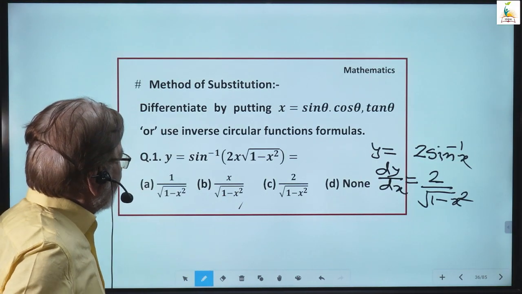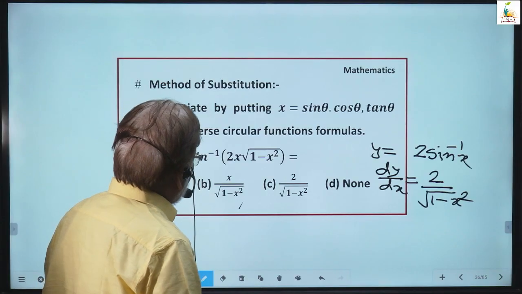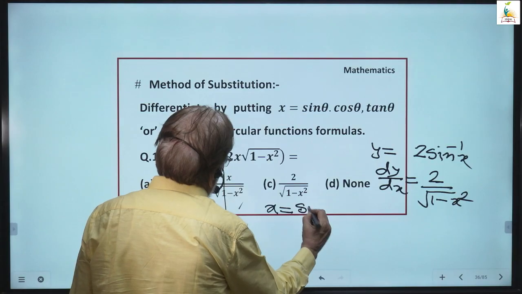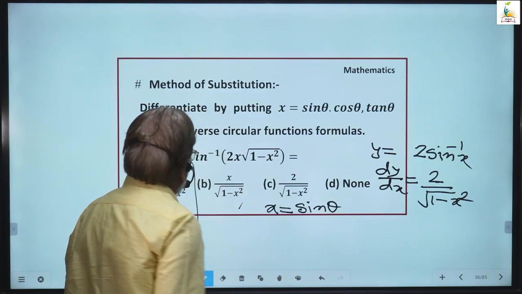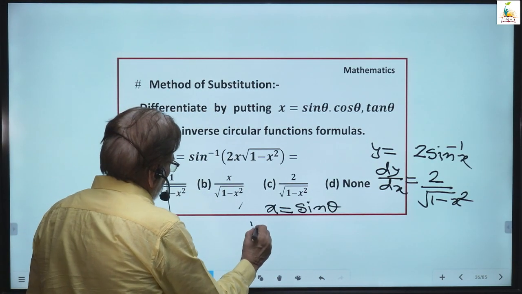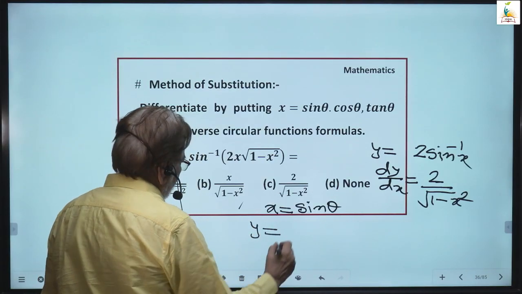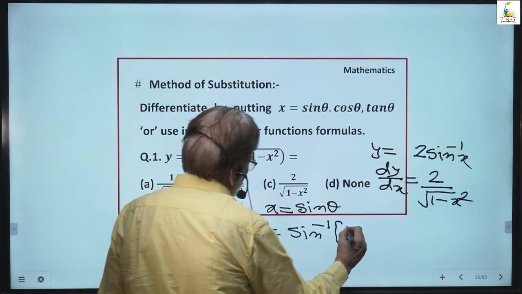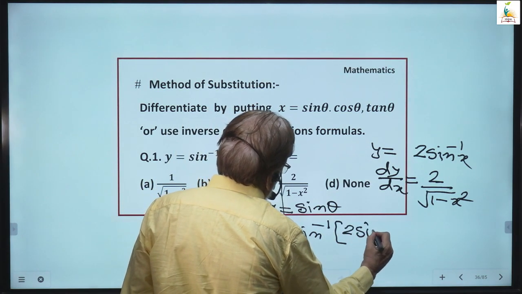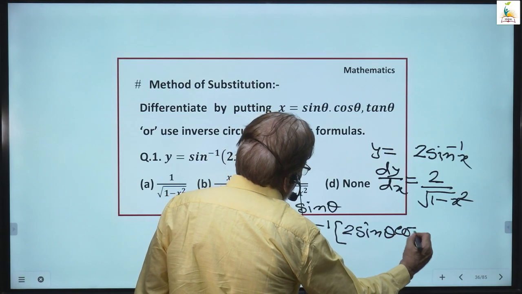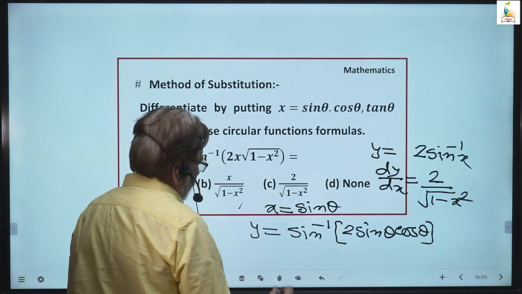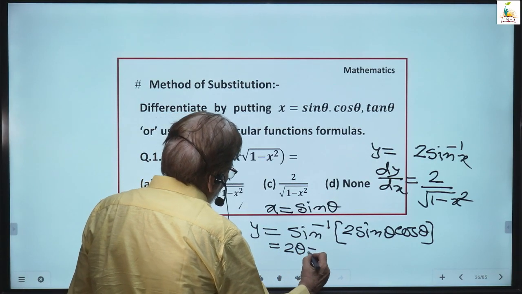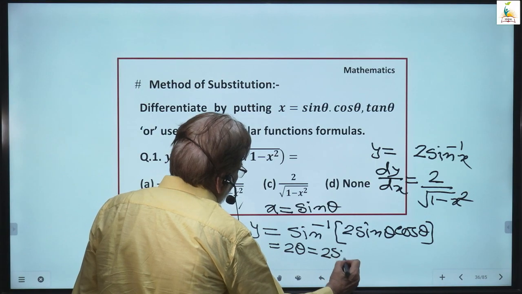So if I put x equal to sin theta, then y will be equal to sin inverse of 2 sin theta cos theta. So this will be equal to sin inverse of sin 2 theta. So this will be 2 theta. This will be 2 sin inverse x.